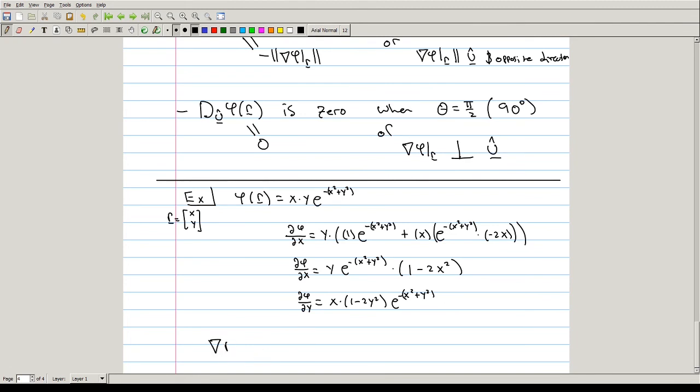So the gradient of this function phi is the vector whose x component is y times 1 minus 2x squared, and whose y component is x times 1 minus 2y squared, all times e to the negative x squared plus y squared.